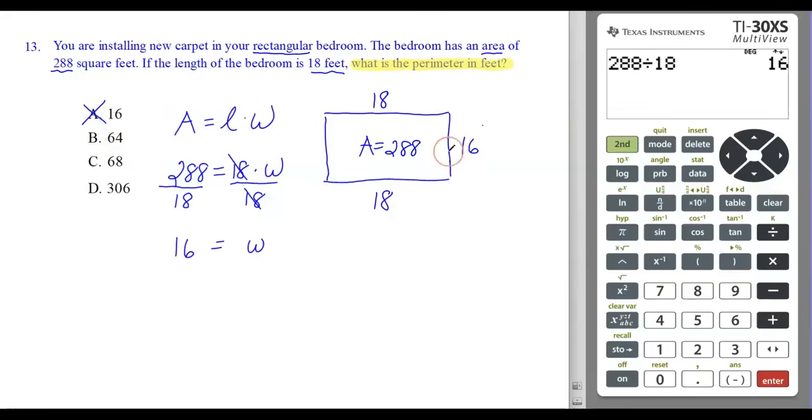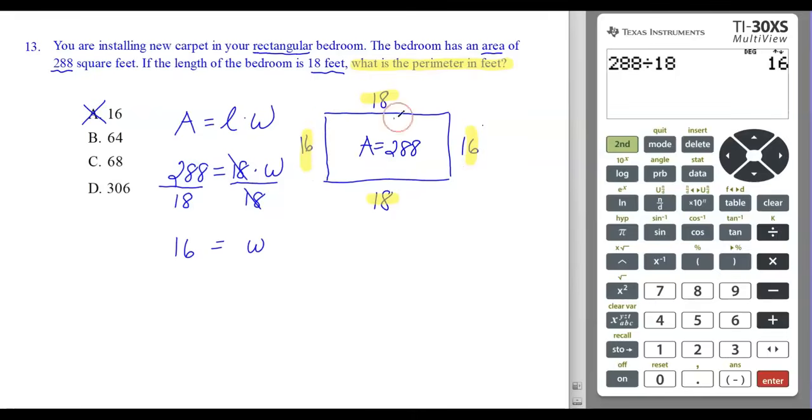Let's finish this up. So since this is 16, this has to be 16. And now the perimeter is when you sum up all the sides. So I'll just sum these up: 18 plus 16 plus 18 plus 16. I'll total those up on the calculator, and that will be the perimeter. So again, perimeter is the distance around the object.